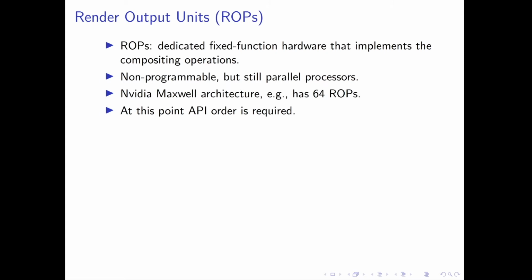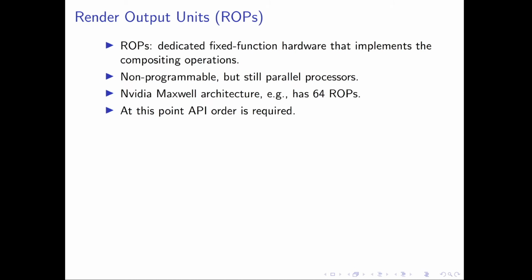It is not clearly defined what the abbreviation actually means. People just call it the ROPs, and this stands for either render output unit or raster output unit, and I will use those two terms interchangeably. They are a fixed function type of hardware. They are non-programmable. They are still a parallel phase, and typical architectures like the NVIDIA Maxwell architecture had 64 ROPs.